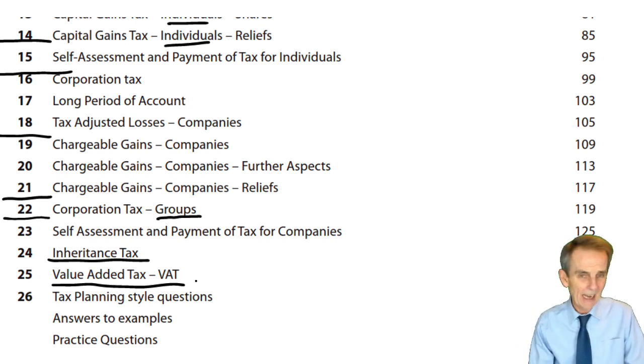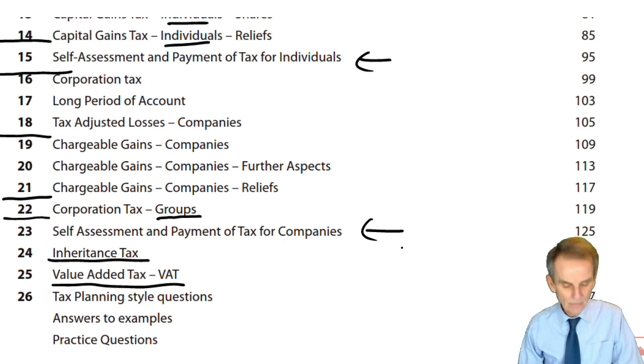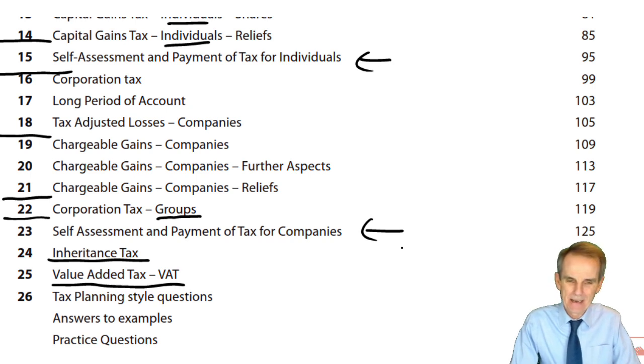The only other chapters I haven't mentioned there are chapters 15 and chapter 23, where you've got admin. Now, admin will come up in your exam, but admin, to be honest, is not something that you should be studying early on in your studies.